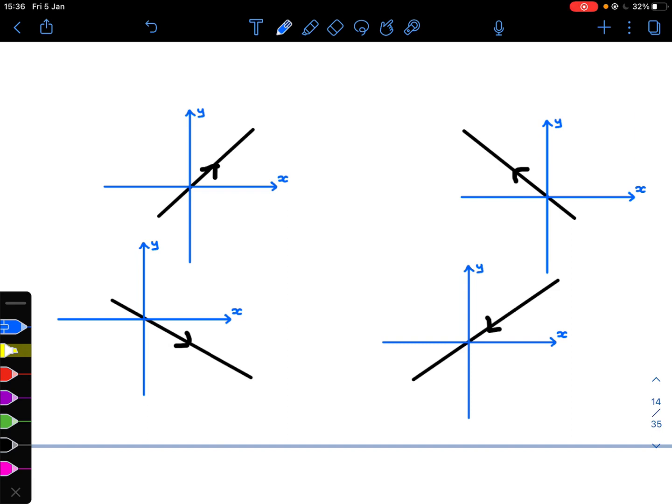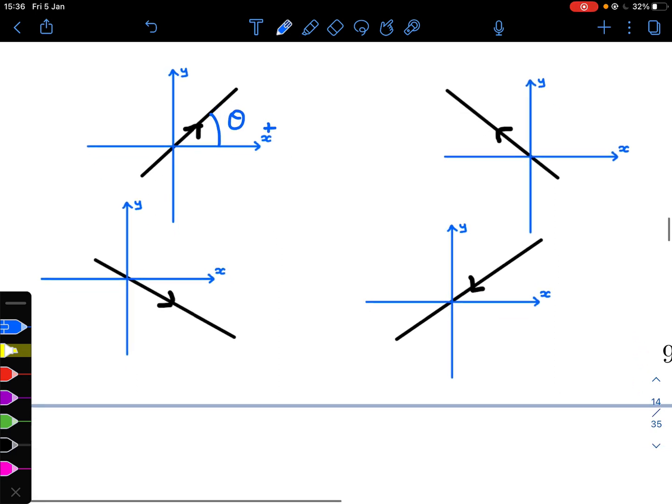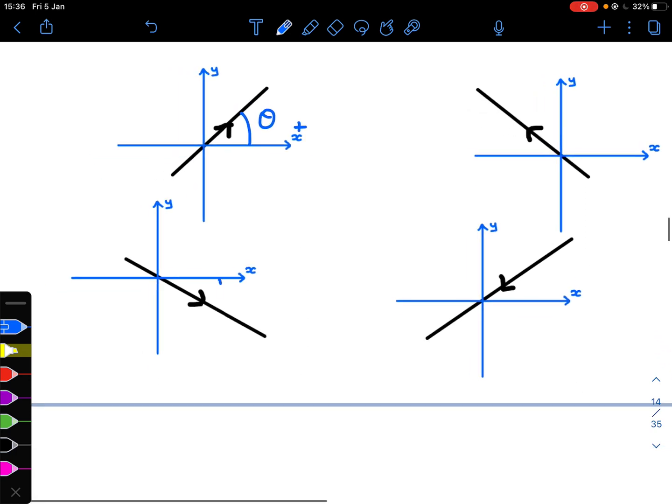So the most obvious and most common one to use will be that one, the angle the vector itself makes with the positive x-axis. So I could find that angle there, call it theta, and state that it's to the positive x-axis, and that would define the direction that that vector is going in. For the one underneath, I'd probably do the same thing. I'd find the angle there and say that it's to the positive x-axis.